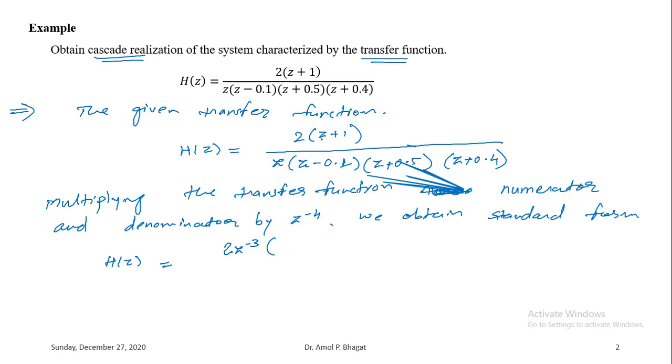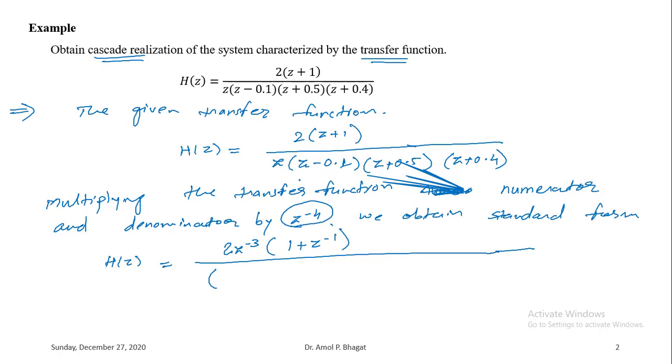Z inverse multiplied by z will be 1, plus here it will be z inverse, so I'll get 1 plus z inverse. Similarly in the denominator, as there are 4 z's, we are multiplying with z to the power minus 4 in numerator and denominator. 1 z inverse will be utilized to eliminate this z, so z inverse multiplied by z will be 1.